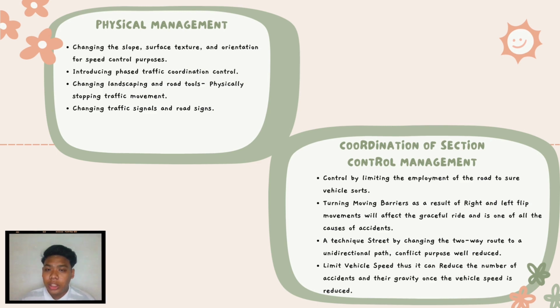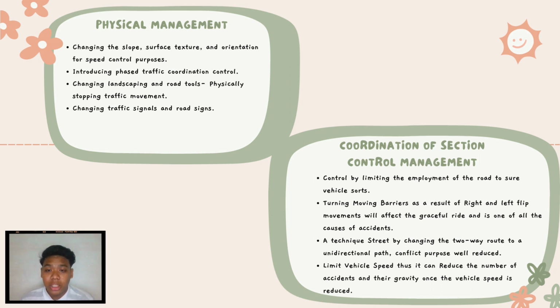Firstly, the method is coordination of section control management. In control management, firstly is control by limiting the employment of the road to share vehicle sort. Secondly, turning movement barriers, as a result of right and left turn movement will affect the graceful flow and are one of the causes of accident.